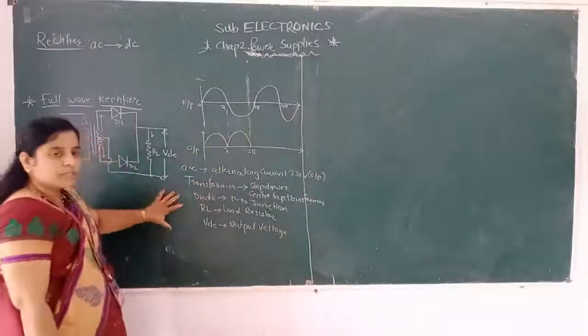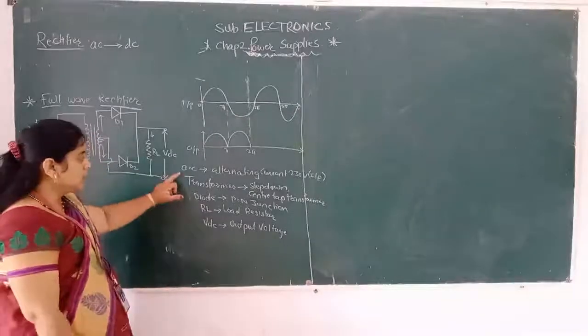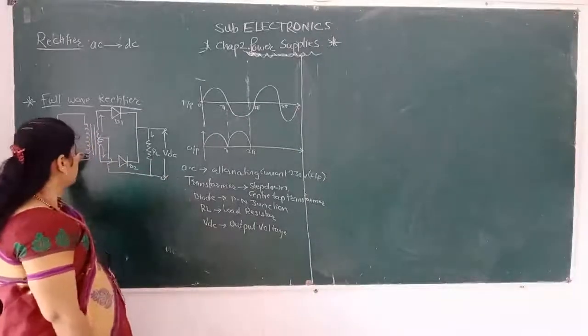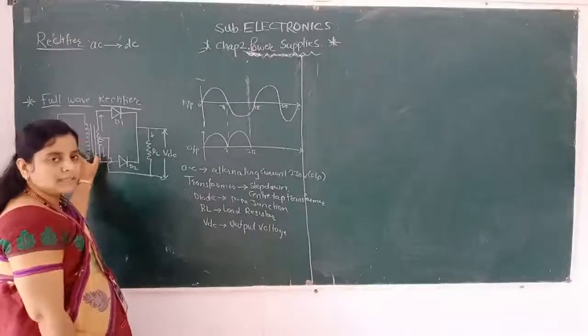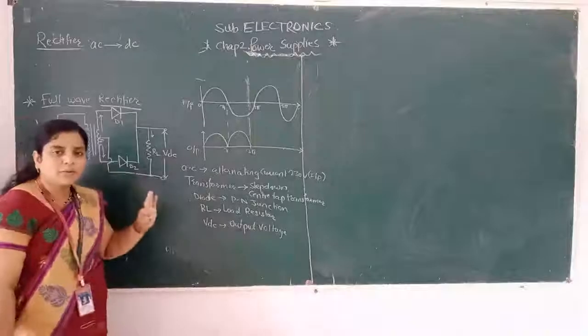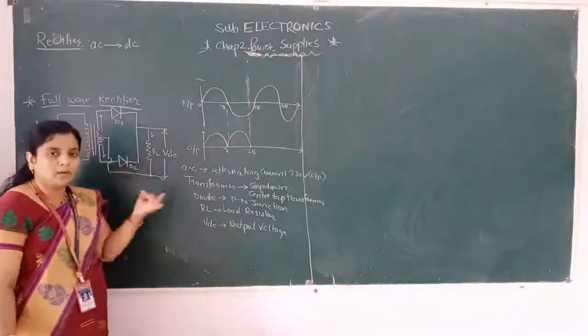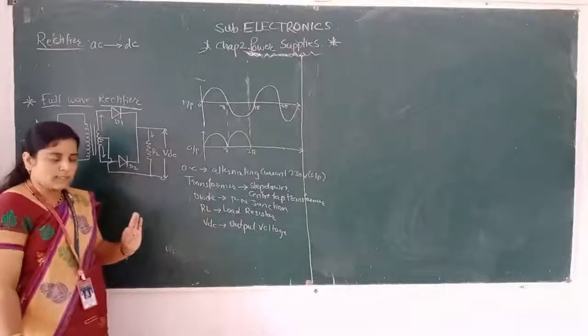Okay. First, the construction of this diagram: alternating current is given to this transformer. Which type of transformer is this? I have told you there are three types of transformer: step up transformer, step down transformer, and mutual transformer.